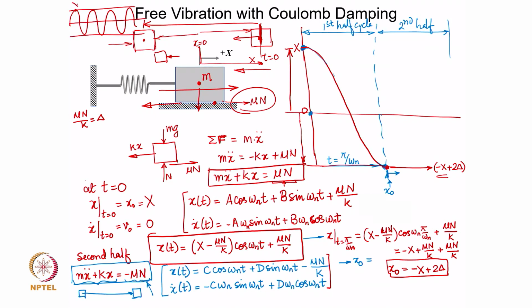So, if it starts from plus x, it will go to minus x, it will go back to plus x and then minus x and so on. This is undamped free vibration. But what we are observing here is that at the end of the first half cycle, the amplitude drops by 2 delta. So, this actually is the amplitude which is not minus x, but minus x plus 2 delta. The amplitude is reduced by a value 2 delta.